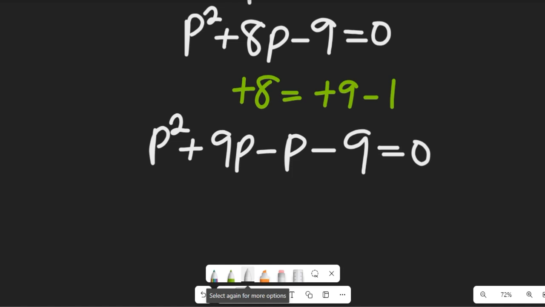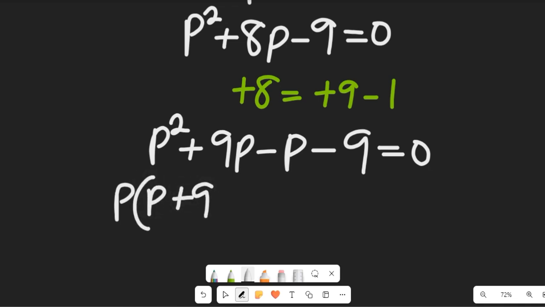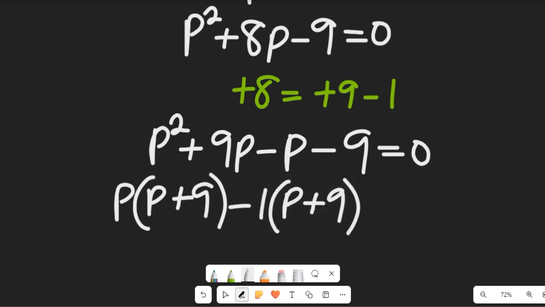So we are going to look at that and then simplify that expression. I have p common here. If I remove p here, this is going to give me p plus 9, right? And I have negative 1 common here, and if I take away that negative 1, it's going to be negative 1 multiplied by p plus 9, right? And this will be equal to 0.